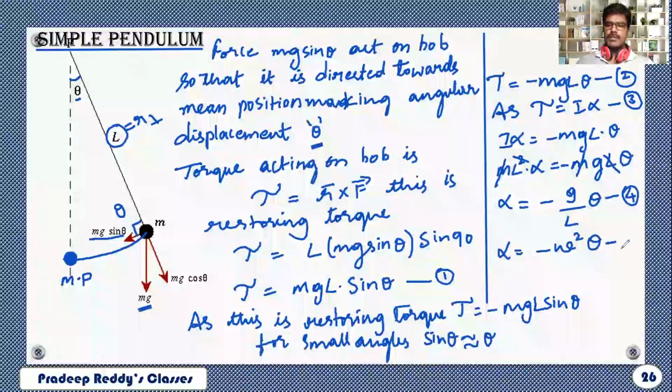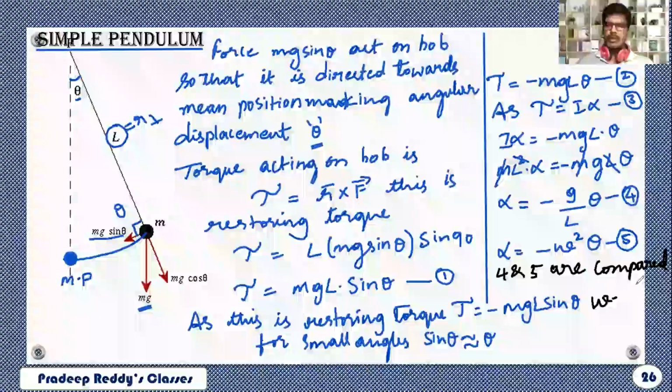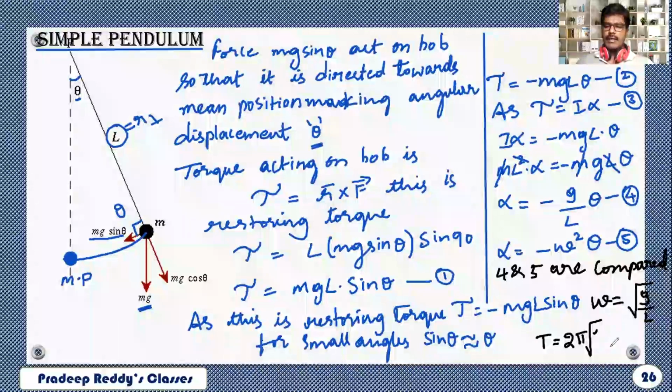This is equation number 5. So equation 4 and equation 5 are comparable. If we are comparing them, you will be getting omega is equal to under root g divided by L. Omega is equal to 2 pi by T. So T can be written as 2 pi under root L divided by g.